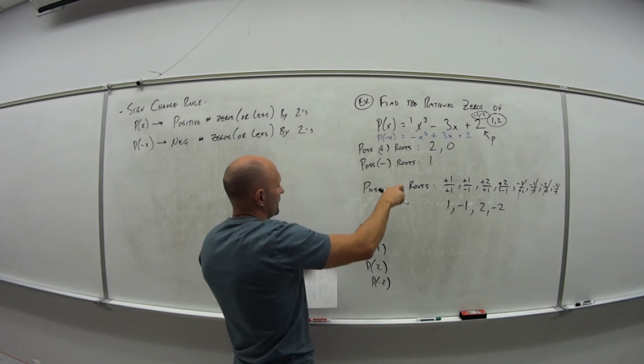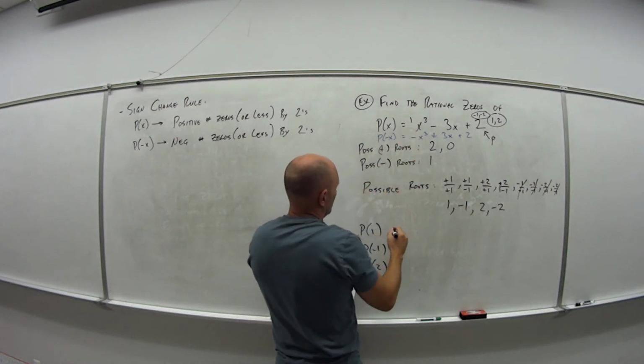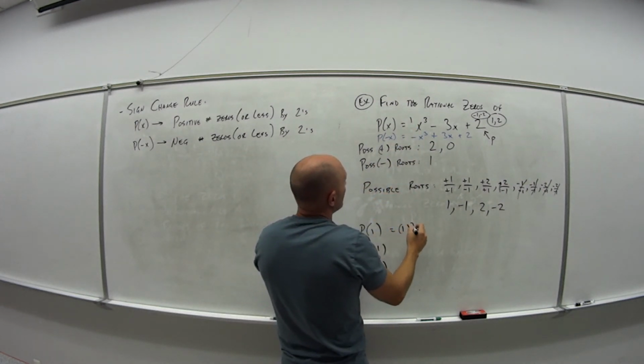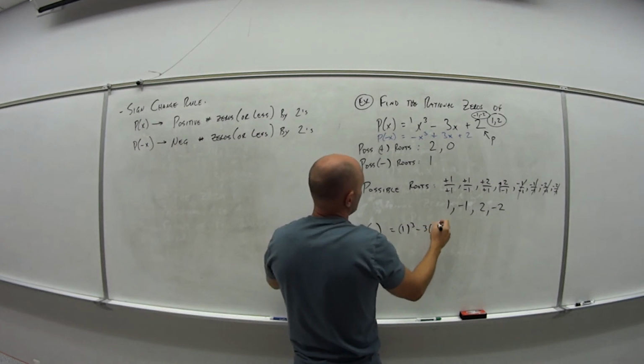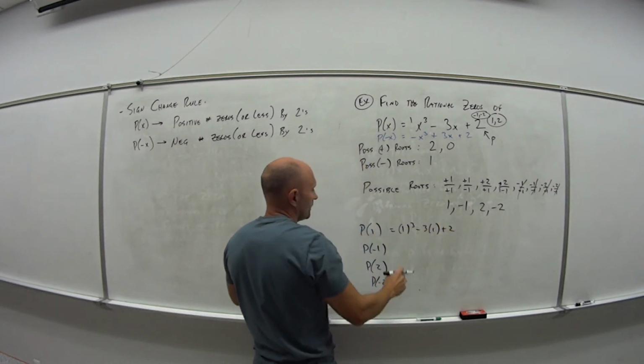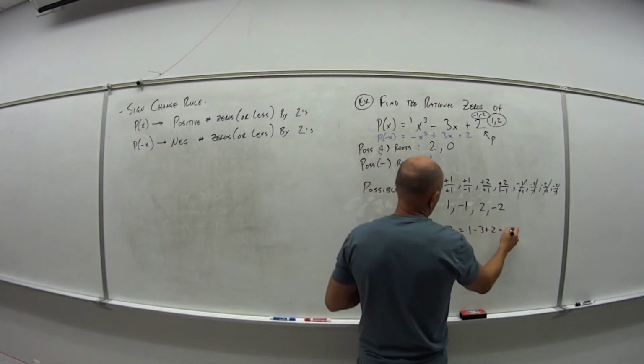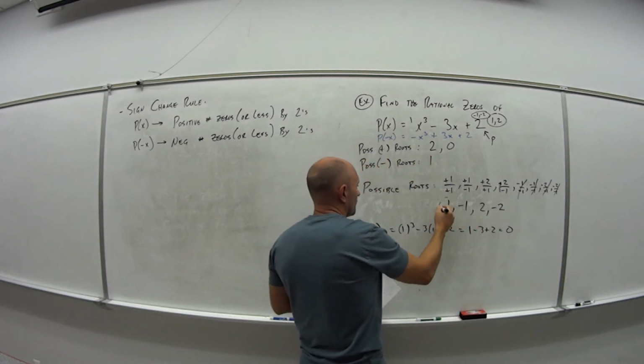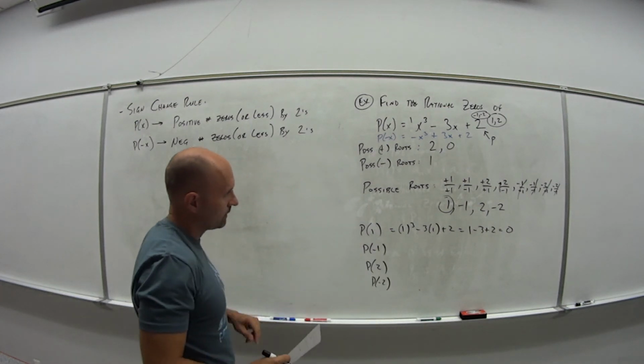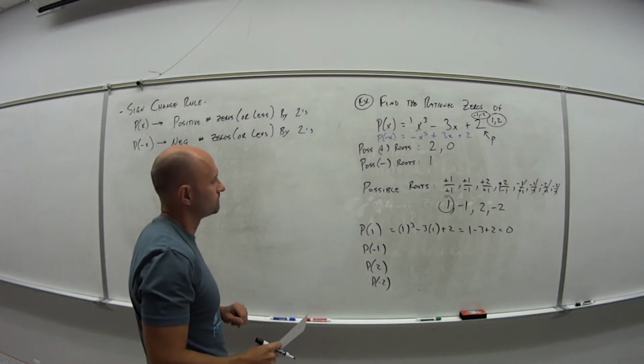So if I plug those in, I get 1 to the third minus 3 times 1 plus 2. That's 1 minus 3 plus 2, which is 0. Okay, good. So that means that 1 is one of my roots. Positive 1.